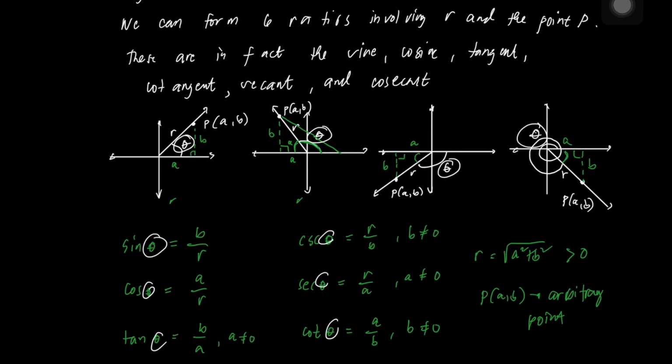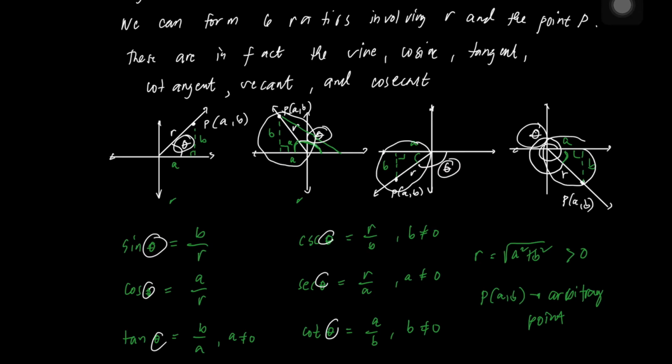We defined the 6 trig functions on the acute angle in the right triangle. The creation of these triangles is very important, and these triangles are actually called reference triangles.